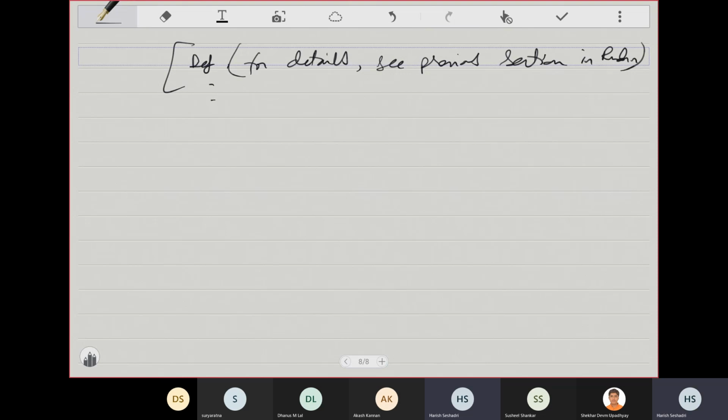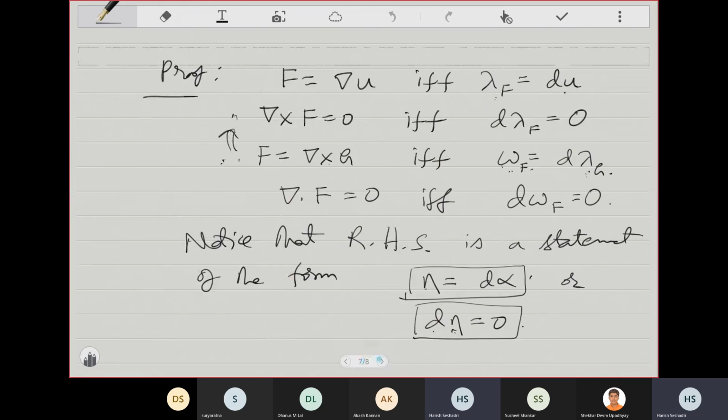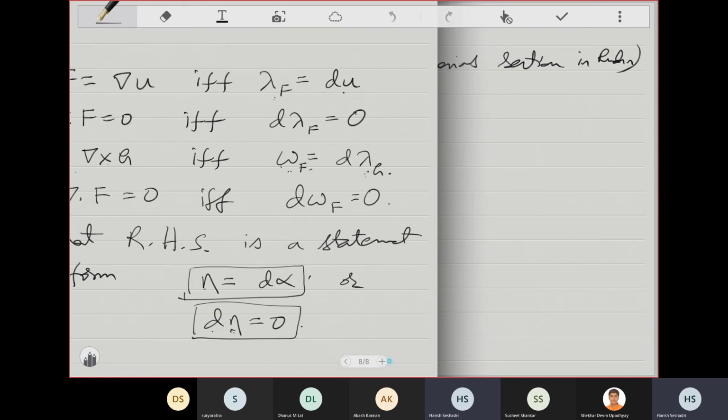So the definition is that, and this again is valid in any dimension, any form of any degree and so on. These definitions have nothing to do with dimension 3.